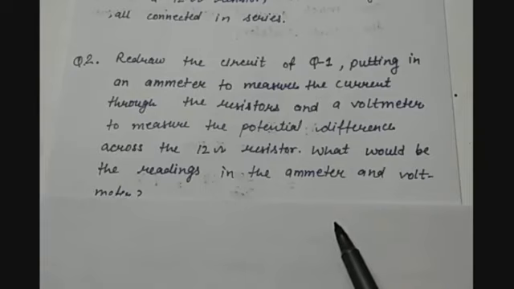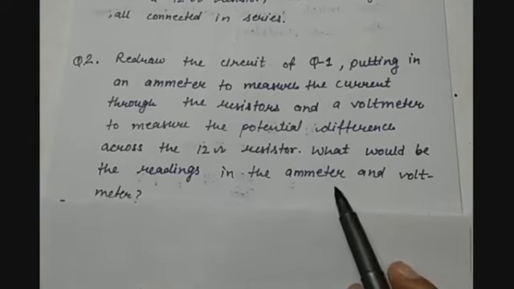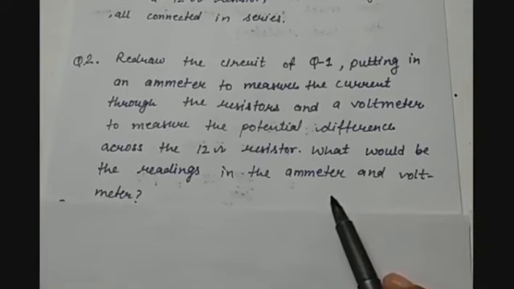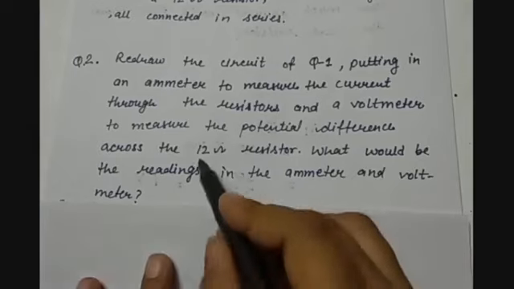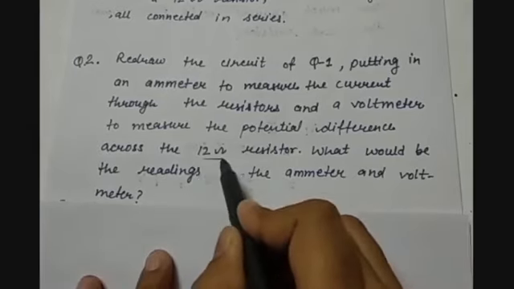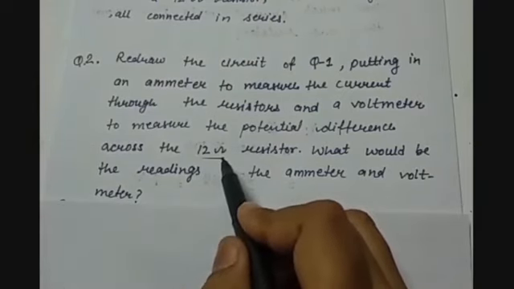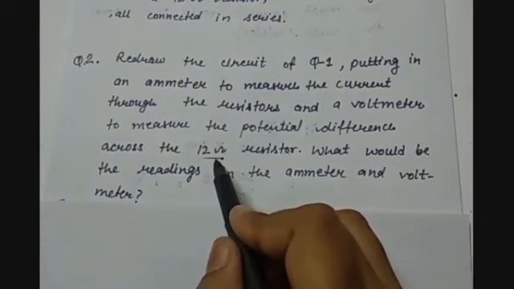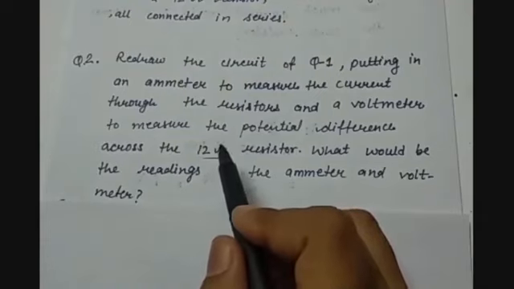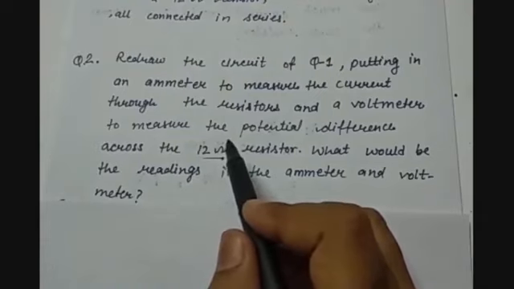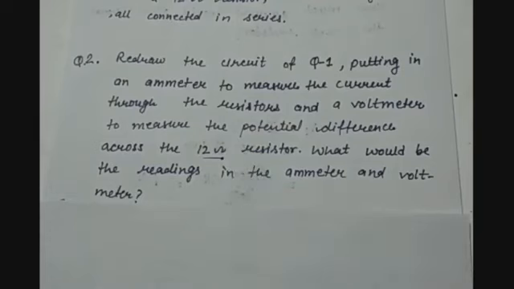The current will be the same in case of series resistances, so we put the ammeter in series anywhere in the circuit. The potential difference will be measured by connecting the voltmeter across the 12 ohm resistance, because each resistance has its individual potential difference. The ammeter and voltmeter will give us the readings of the current and potential difference.